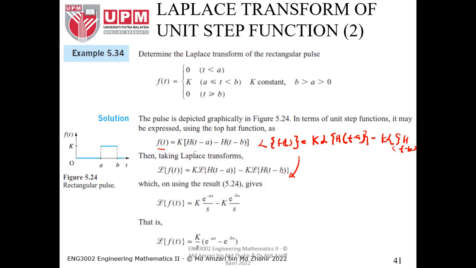So you need to Laplace this one and this one, one by one. We know the formula, so you get k exponent negative as divided by s, minus k exponent negative bs divided by s. This can simplify: just take out k over s, so you will get exponent negative as minus exponent negative bs. So this is the Laplace transform of the unit step function.